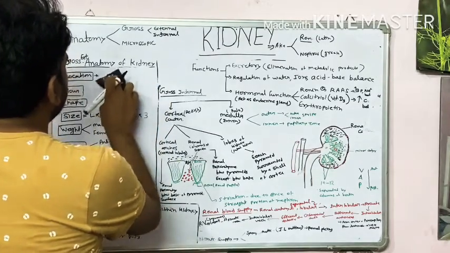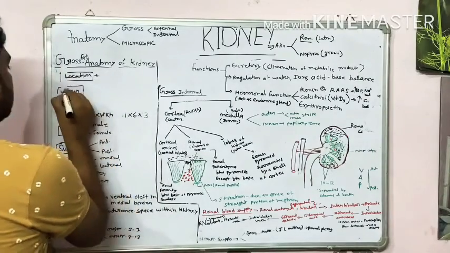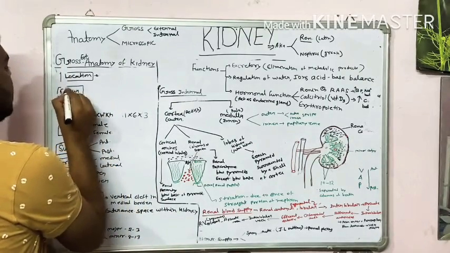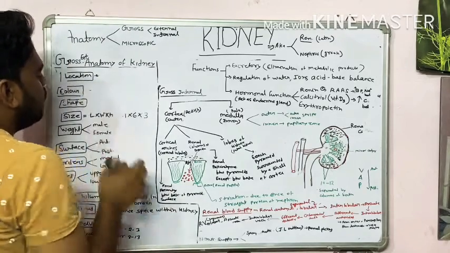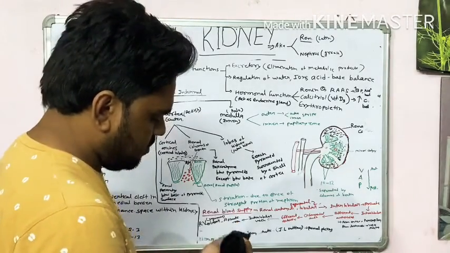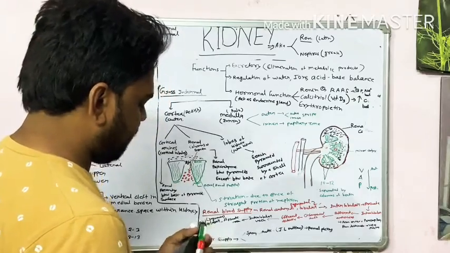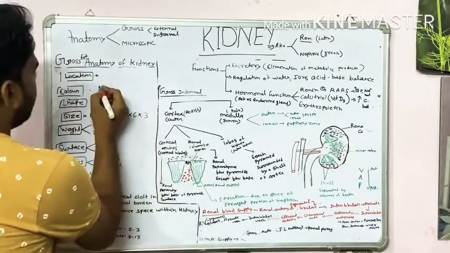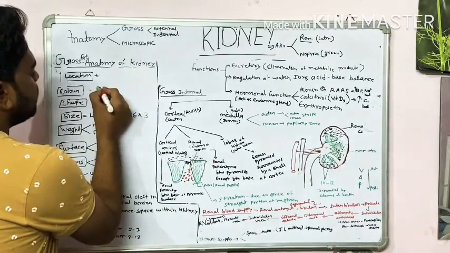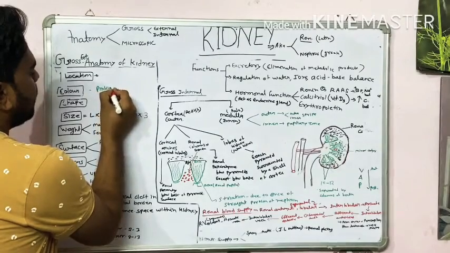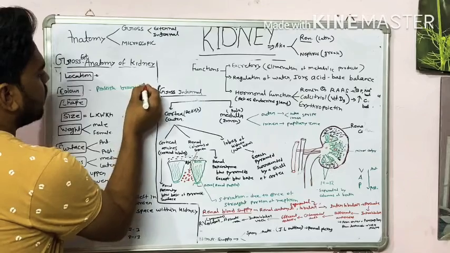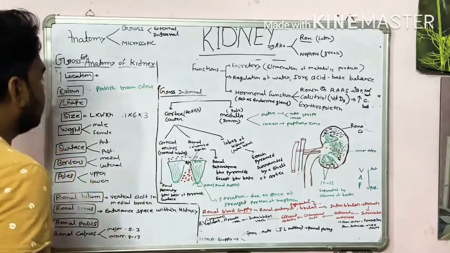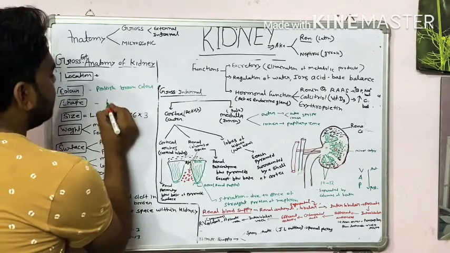Now the second thing is color. In a healthy kidney, the color is pinkish brown. Then the shape of the kidney is bean shape.